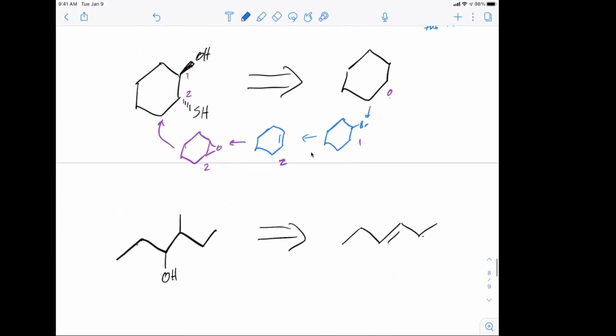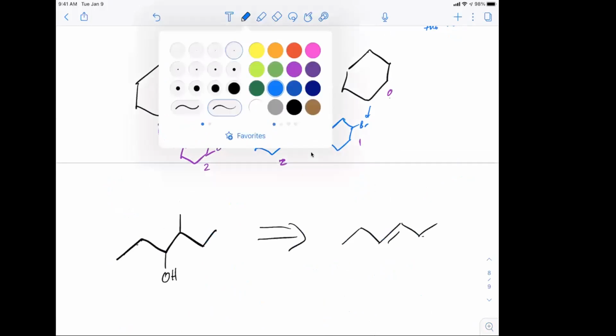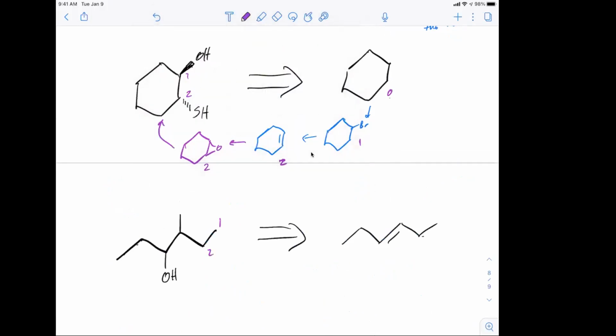Okay. In the second one, if we number this, we have 1, 2, 3, 4, 5, 6. It looks like I'm adding an oxygen to the 4 position, and I'm adding a methyl to the 3 position. So I want to take my alkene to a place where I have the possibility of keeping those separate.